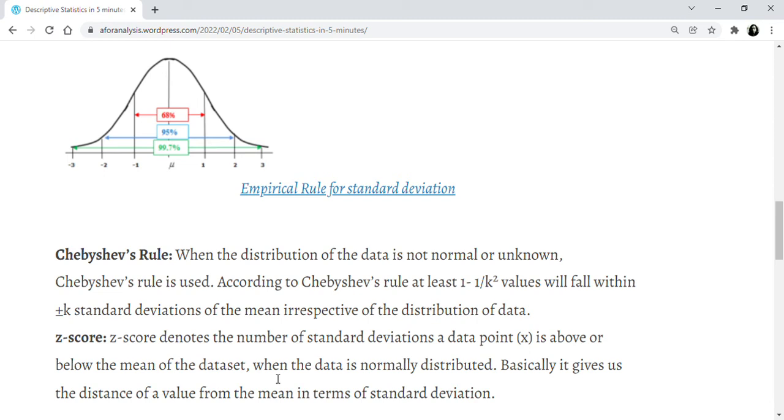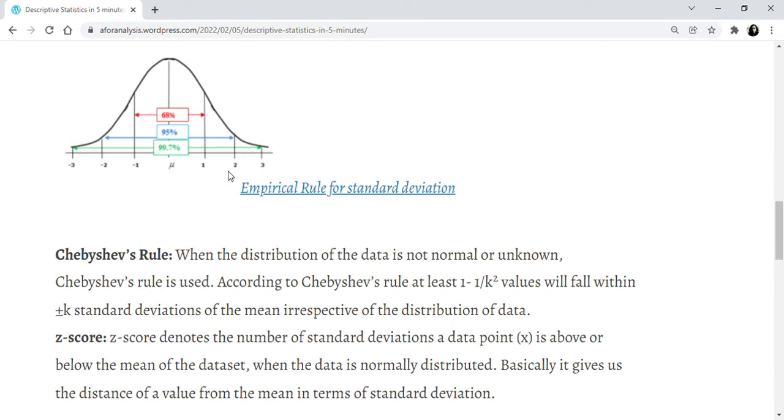Here we saw that 68% of data was lying within plus minus 1 standard deviation, 95% of data was lying within plus minus 2 standard deviations, and 99.7% of data was lying within plus minus 3 standard deviations.